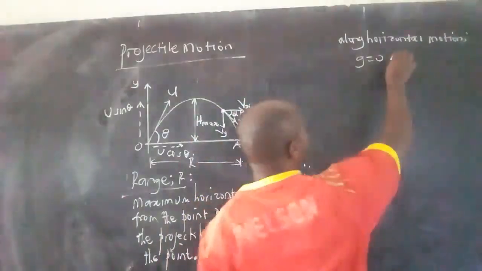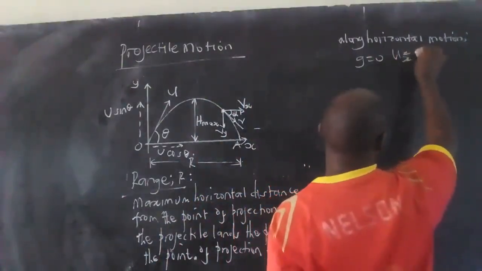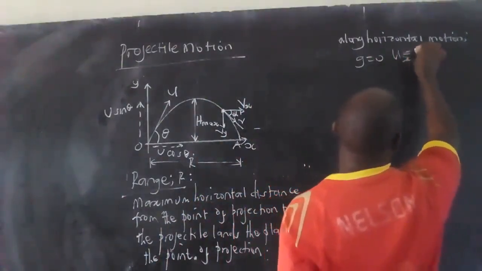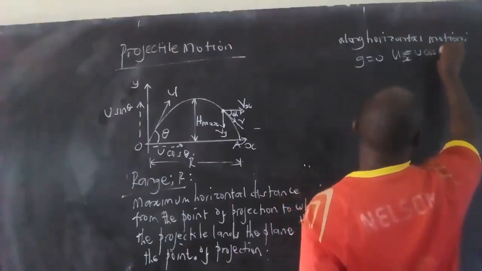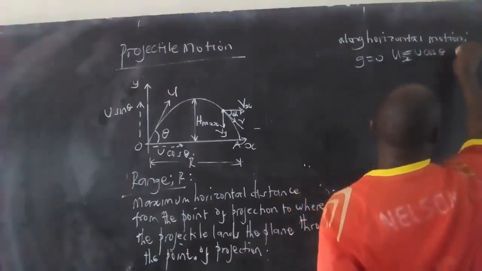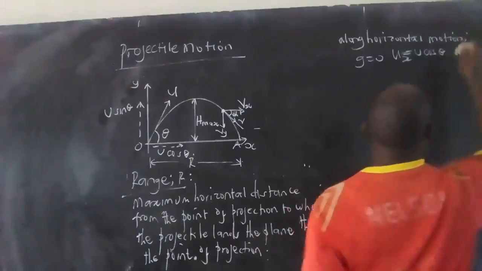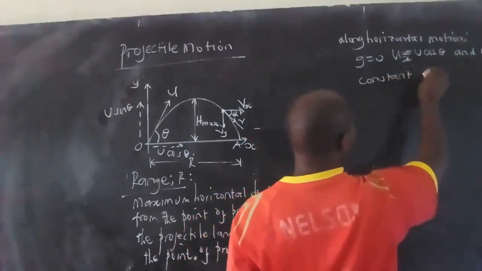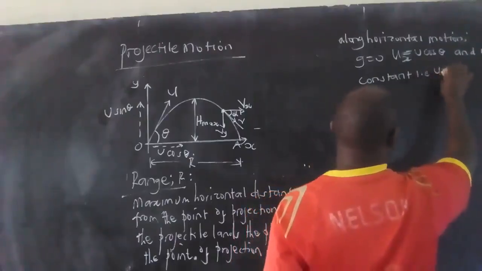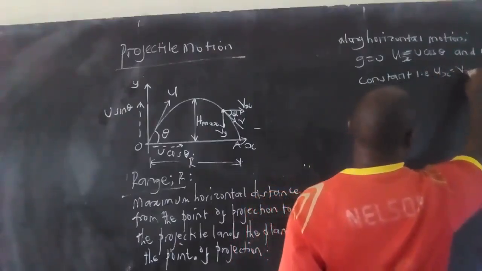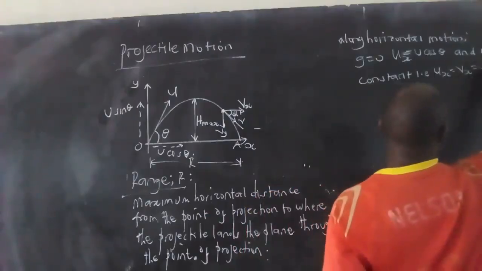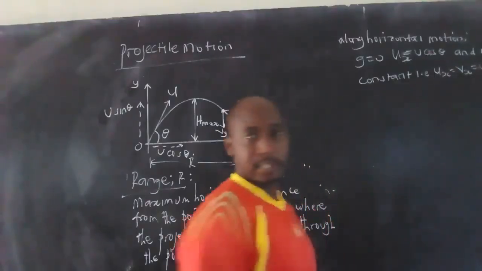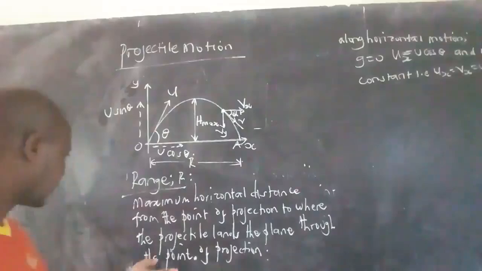Then u x will be equal to u cos theta, and this is constant along the motion, i.e. Ux is equal to Vx, which is u cos theta. So if that's the case, let's substitute.